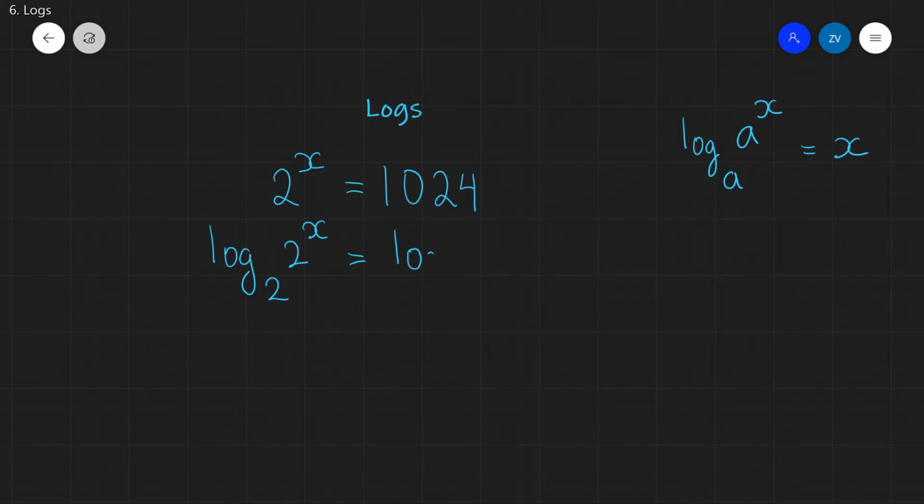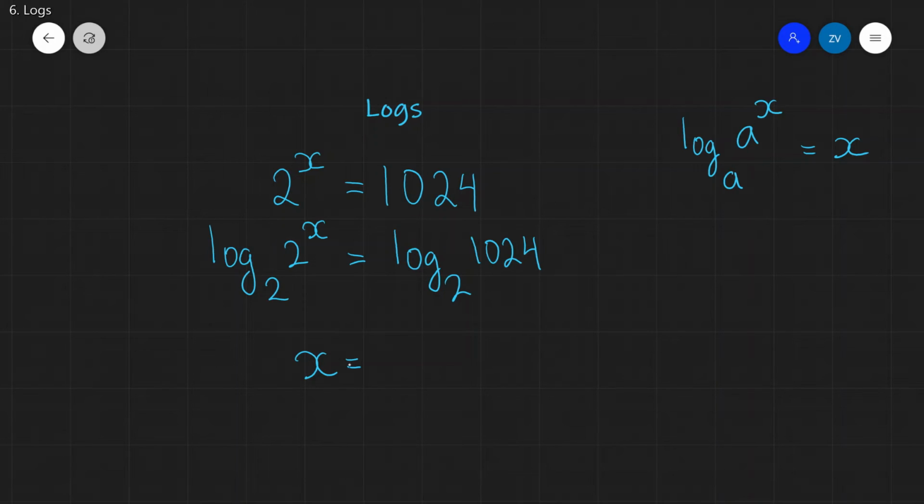This will be equal to log base 2 of 1024. Now this would mean that x, because remember the logs are inverse functions if the two bases match, so they kind of undo each other. So log base 2 and 2 to the power of something undo each other.